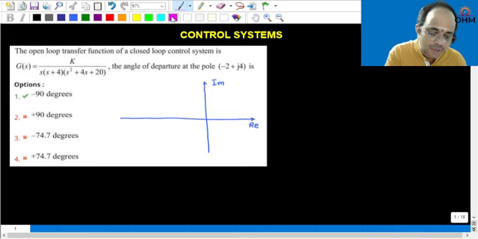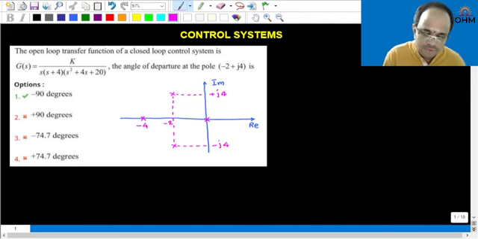There is a pole at the origin 0 and at minus 4, and there is a complex pole located at minus 2 plus or minus j4. So the question is, what is the angle of departure from the pole at minus 2 plus j4?